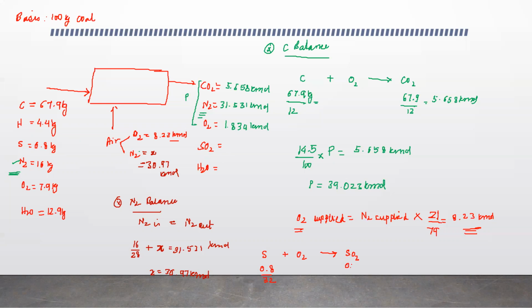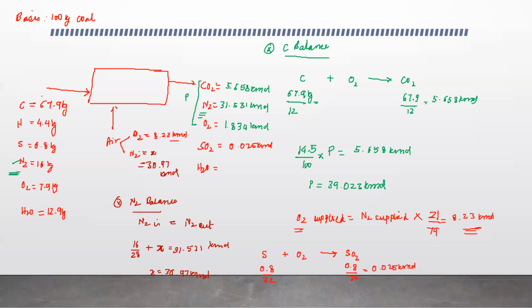So since it is a 1:1 ratio, therefore the sulfur dioxide being produced is going to be 0.8 by 32 kilomoles, right? So that is going to be 0.025 kilomole. All right, so I'll write it down over here, 0.025 kilomole.